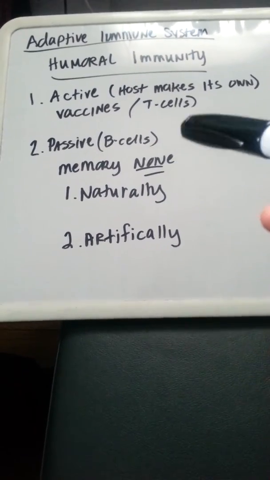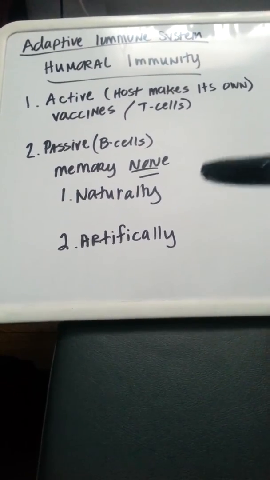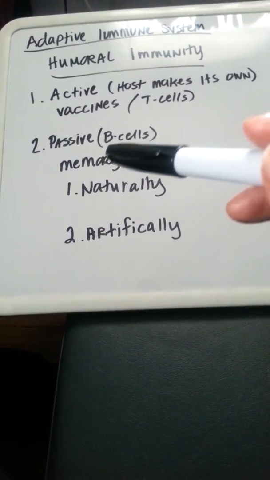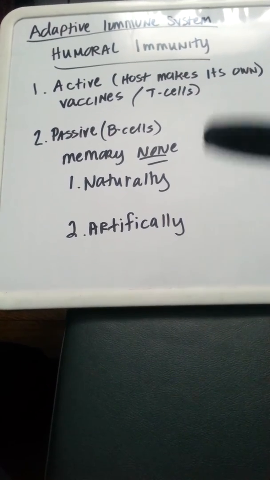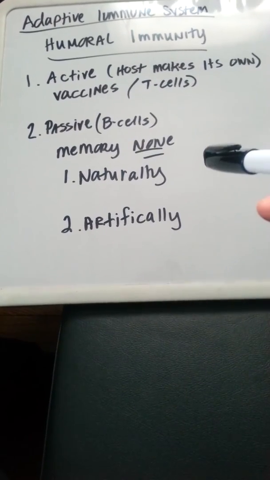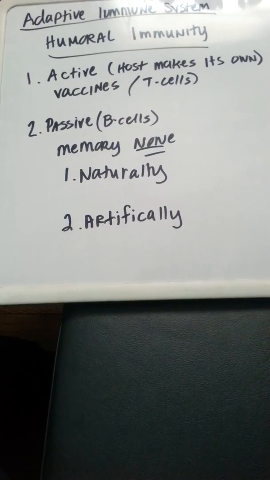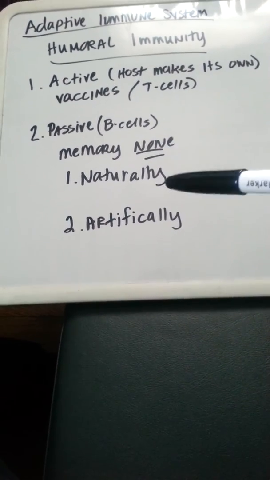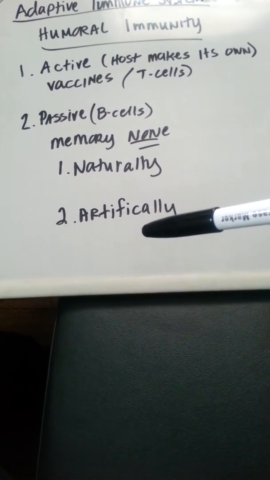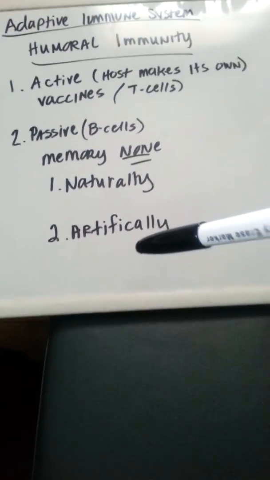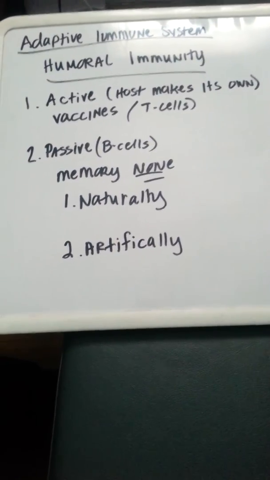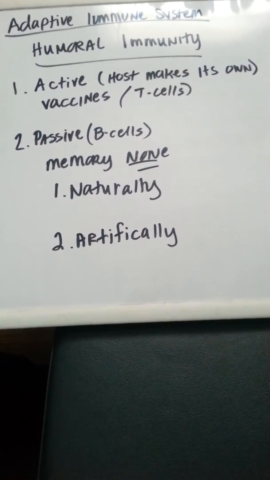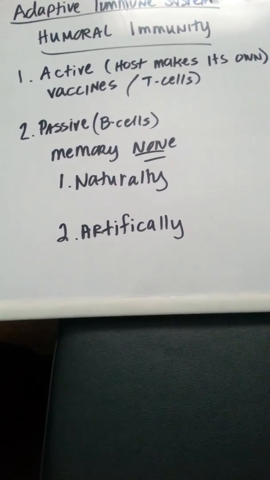Passive is when B cells are not challenged by antigens, so no memory occurs. There are two types, naturally and artificially. Naturally acquired antibodies are delivered to the fetus via the placenta or to the infant through milk. Artificially acquired is injection of serum such as gamma globulin. Protection is immediate but ends when antibodies naturally degrade in the body.